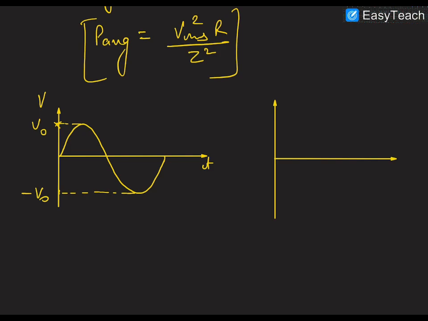So it will be starting from somewhere from this point and it will be going like this. This value is unknown because we do not know the initial phase. This is I naught, and this will be minus I naught. This is time.